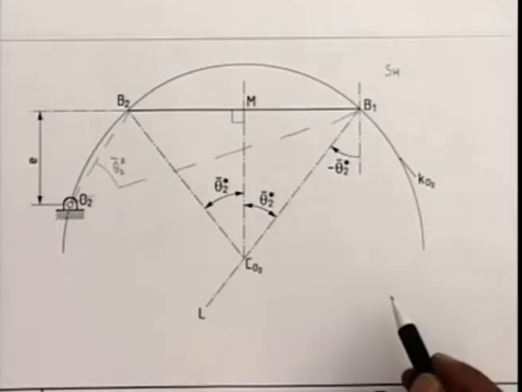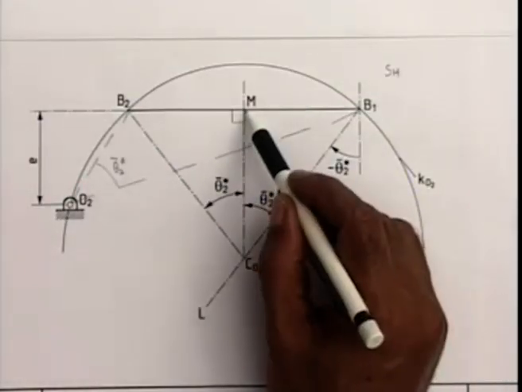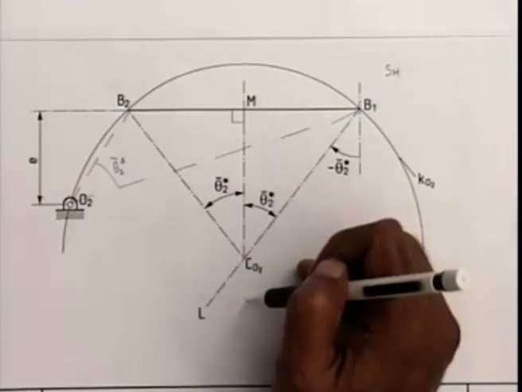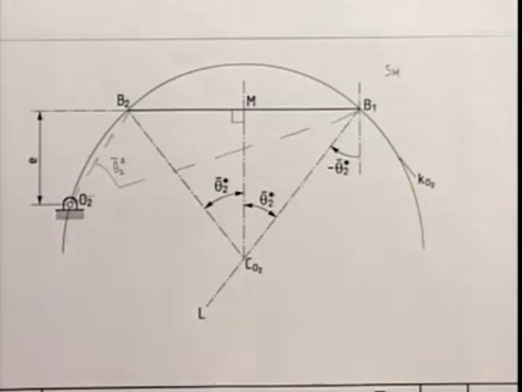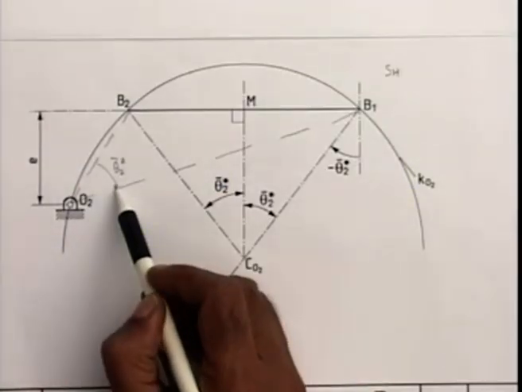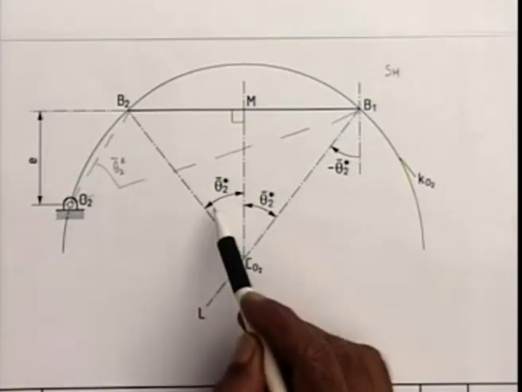We can do that geometrically by drawing the mid normal, the perpendicular bisector of B1, B2. The center of the circle must be on this line, and the central angle must be twice the circumferential angle, twice theta 2 star bar.